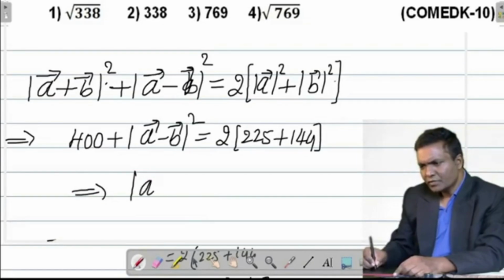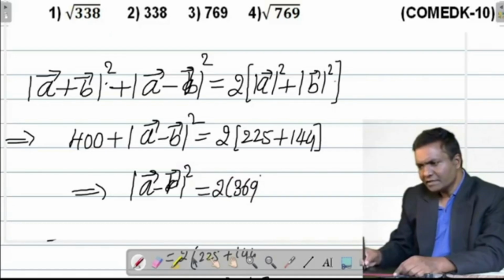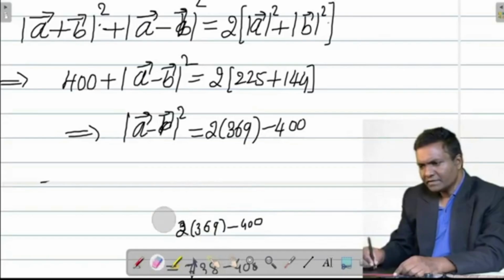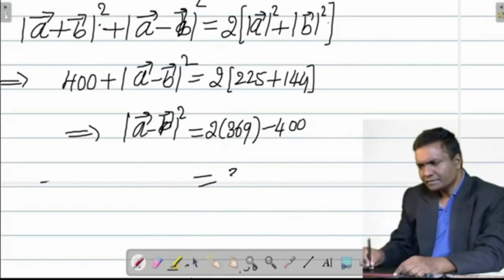This gives you magnitude of vector A minus vector B square as 2 into 369 minus 400, and if you simplify this, you will get 338.